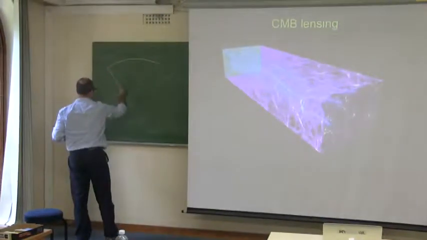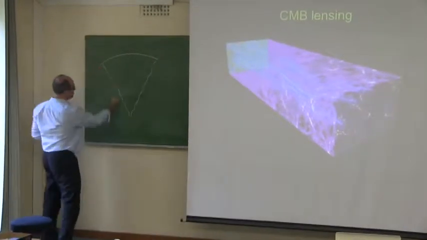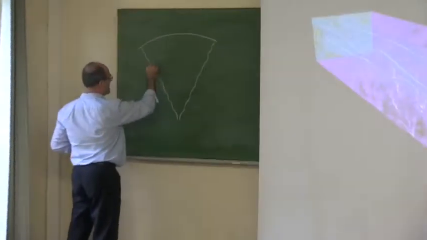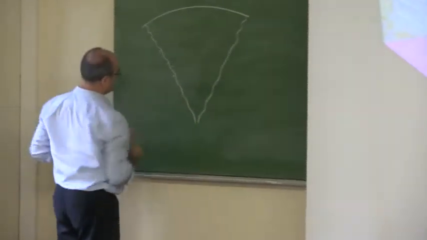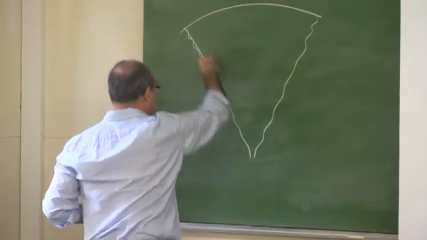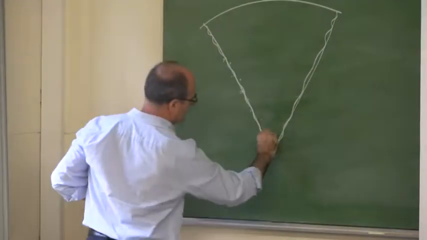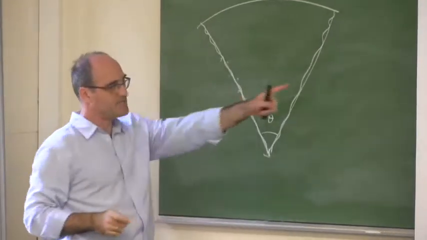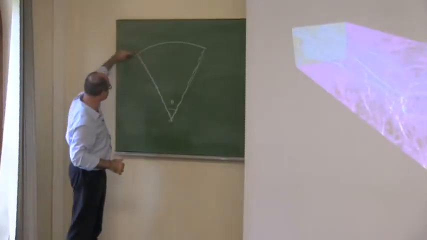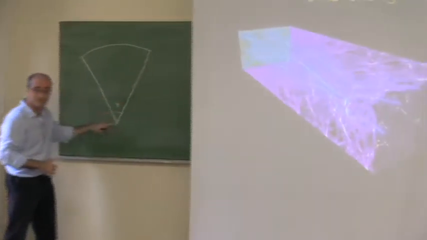What has happened is that those photons are actually moving along trajectories which deviate from each other because of the presence of matter, but sufficiently little that the trajectories essentially align. And this angle corresponds to what you would expect from a global curvature being flat. However, there is matter between us and the last scattering surface.